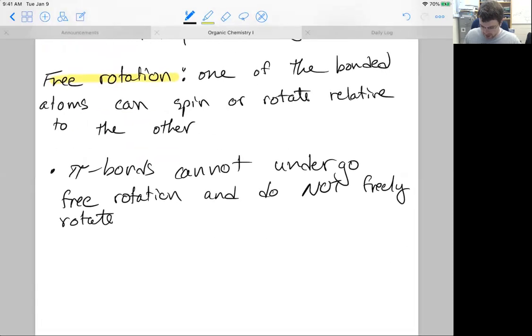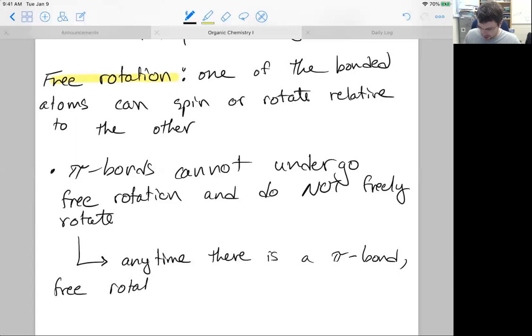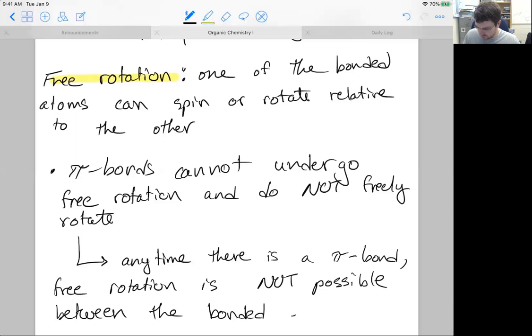Okay, and that is to say, to be as specific as possible, anytime there is a pi bond, free rotation is not possible between the bonded elements. So pi bonds, it does not work, and sigma bonds, it does work.